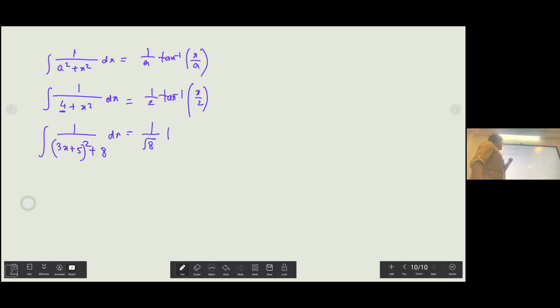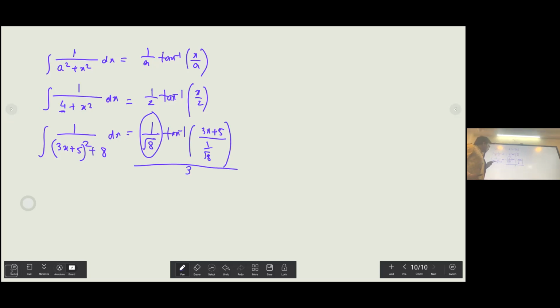Then you do tan inverse of (3x plus 5) upon a, which is root 8. And the whole thing is divided by the coefficient of x, which is 3. So this is 1 upon a tan inverse x upon a.